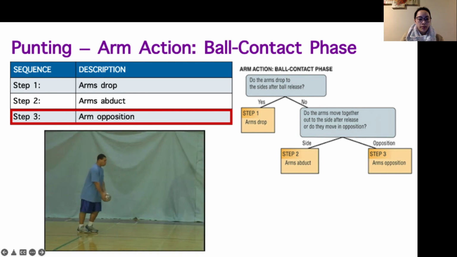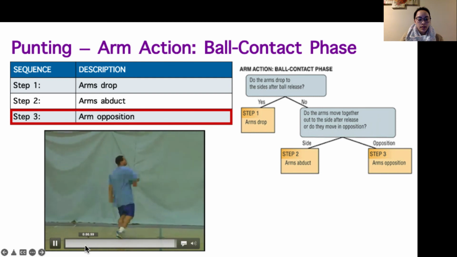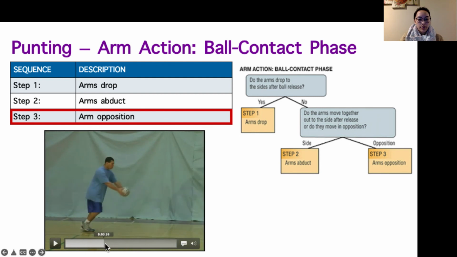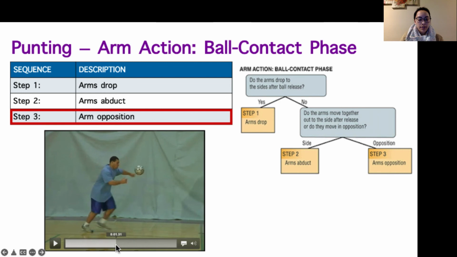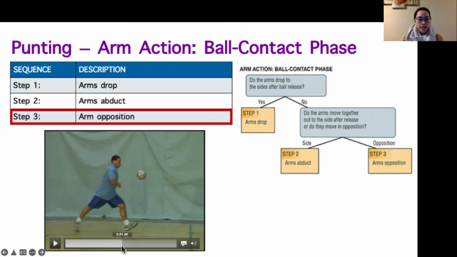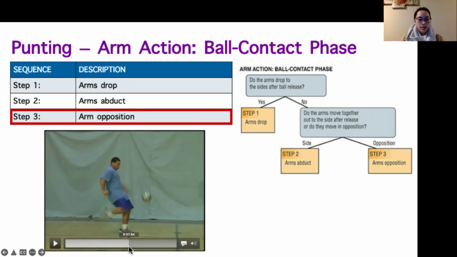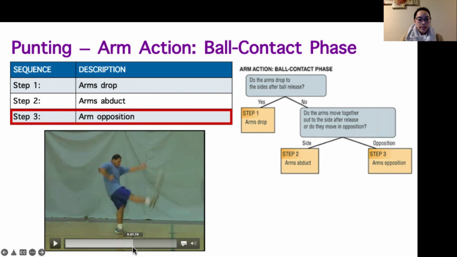For our proficient punter, if we drag through the video, after he releases, we have abduction of the arms. His kicking leg is his right leg. So in this frame we can see the left arm moves in opposition to the kicking leg, and then the right arm stays abducted and kind of more behind his body.